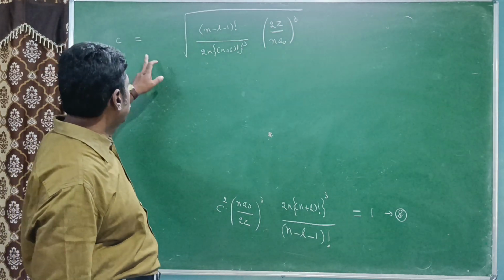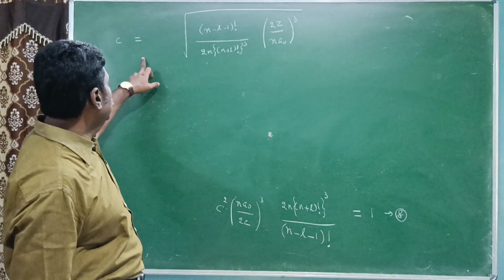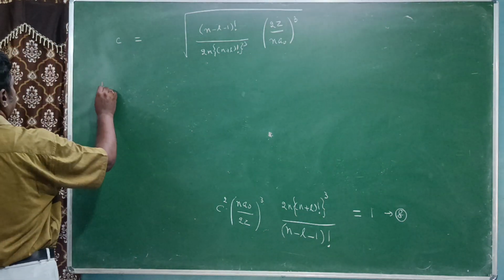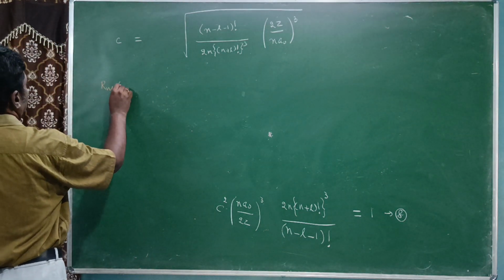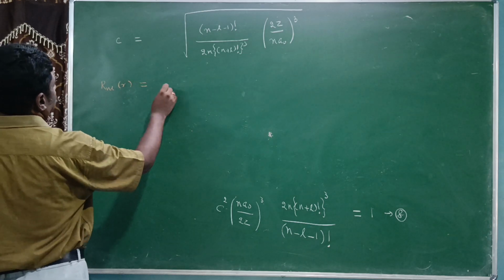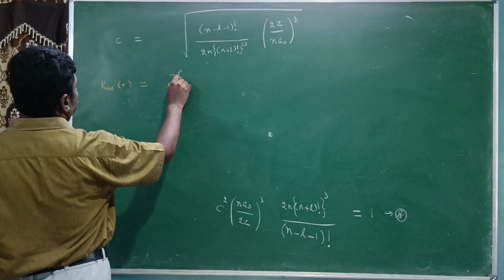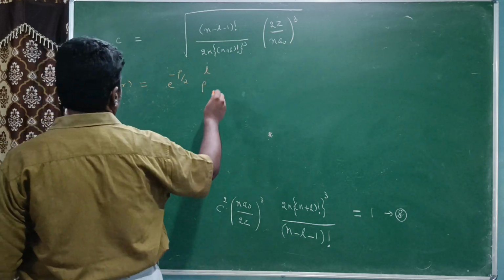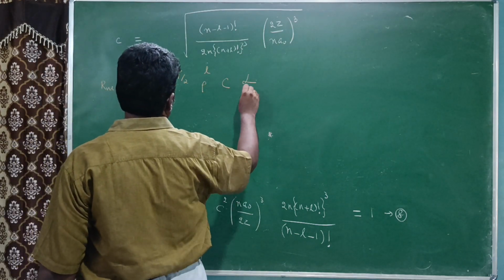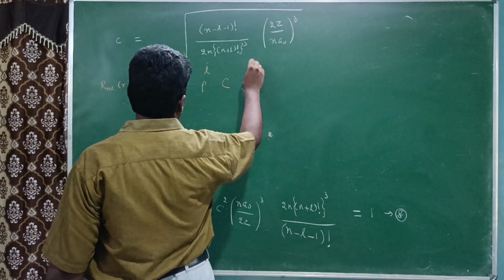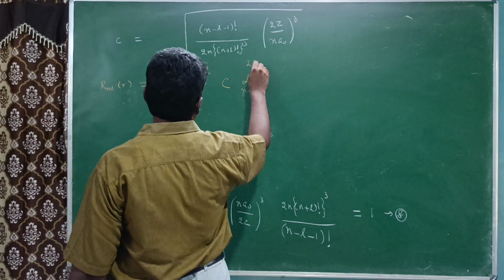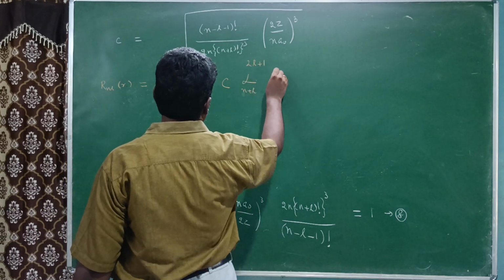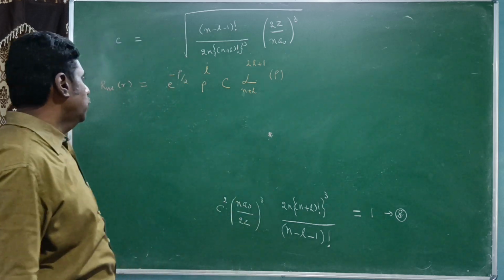Now R_nl(r) is equal to e power minus rho by 2, rho power l, C into the Laguerre polynomial L of n plus l, 2l plus 1 of rho. This is the value of R_nl(r).